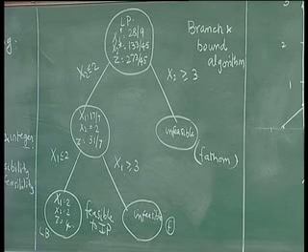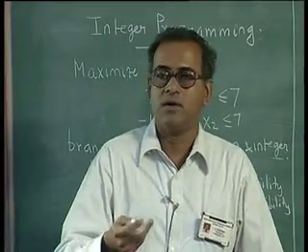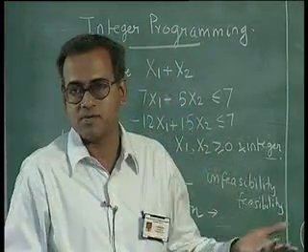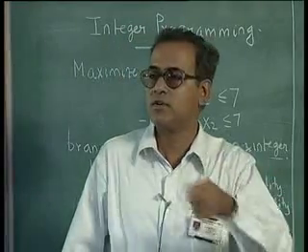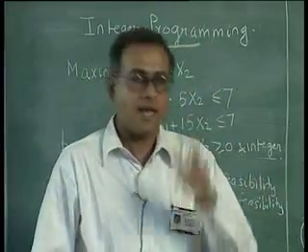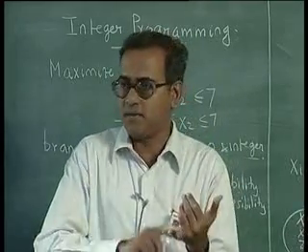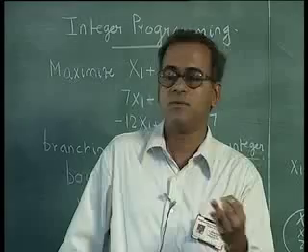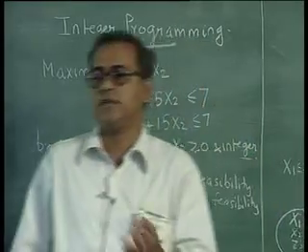Now there can be situations where we may have more than one active node. In fact, in almost all situations there will be a lot of active nodes, and you may have to choose one out of the existing active nodes to branch further. An active node is one which has not yet been fathomed, and it has a fractional value for at least one of the integer variables.